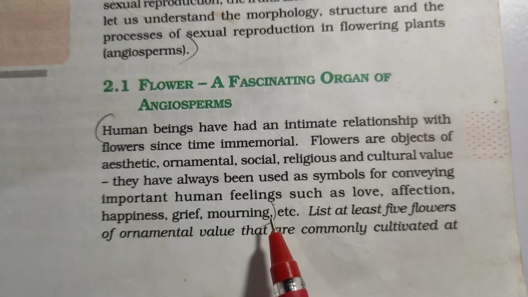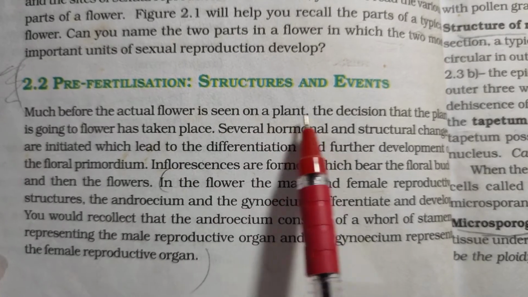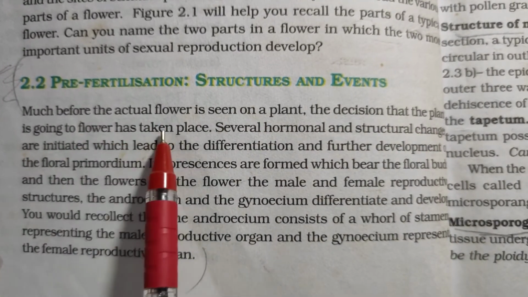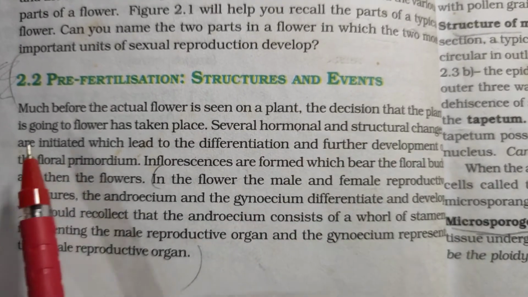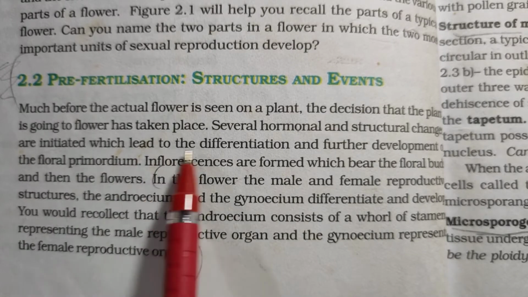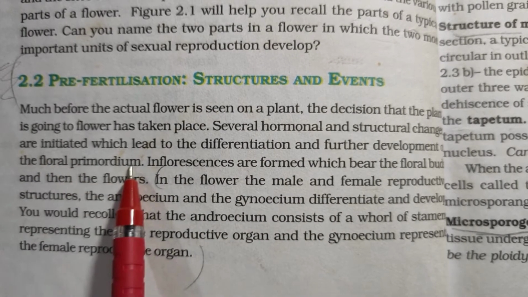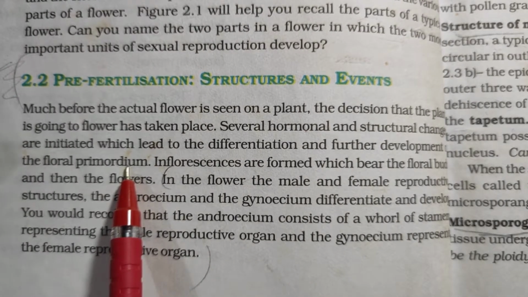and mourning. Much before the actual flower is seen on a plant, the decision that the plant is going to flower has taken place. Several hormonal and structural changes are initiated, which lead to differentiation and further development of the floral primordium. Floral primordium means a bud of a flower.